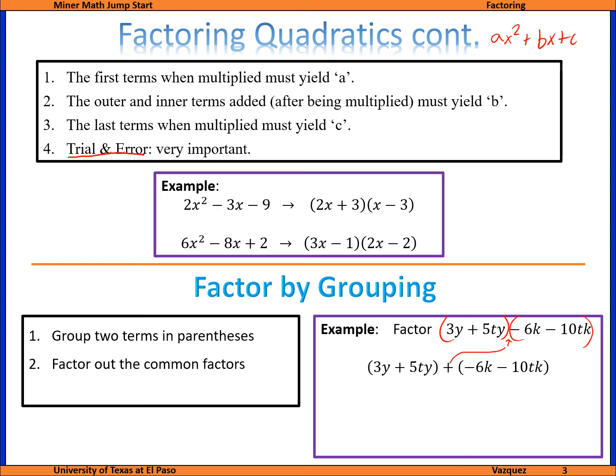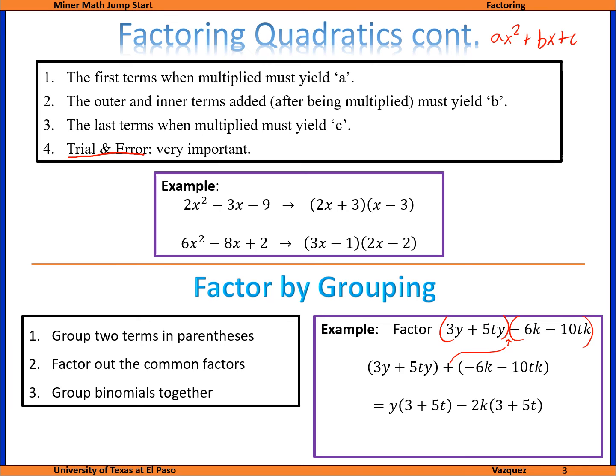Okay, next step is to factor out the common factors. So what can we take out from 3y plus 5ty? Well, not much. We can only take out y. From negative 6k minus 10tk, we can take out negative 2k. Now, notice how these two, 3 plus 5t and 3 plus 5t, are the exact same thing.